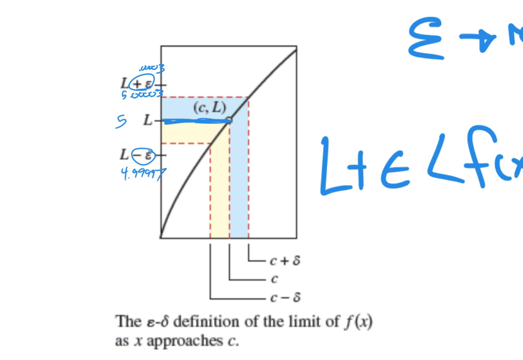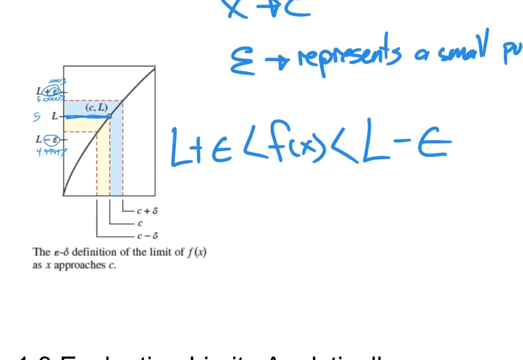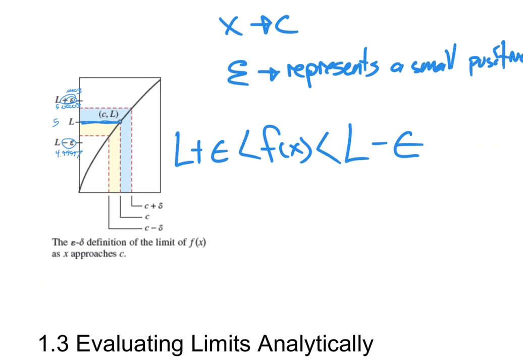So I can get the limit between those values, choosing this very small positive value. Okay? So that's what arbitrarily close to L means.